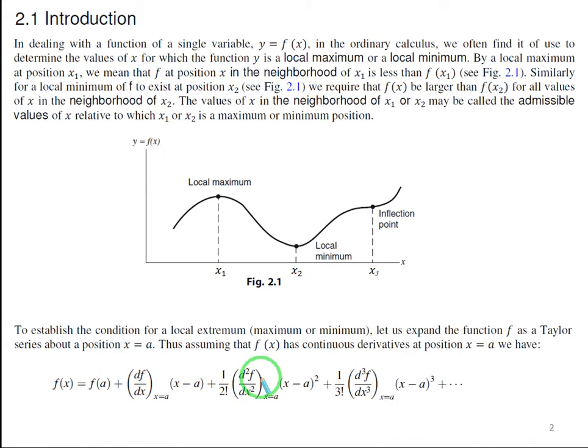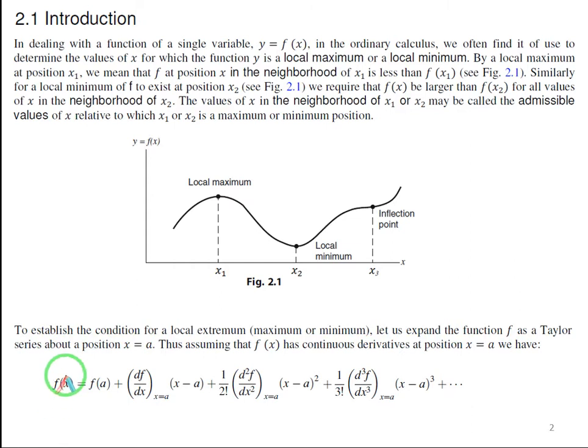Now I'm going to present a small proof of this statement. Let's assume an arbitrary point x equals a, and write a Taylor series of function f about the position x equals a.